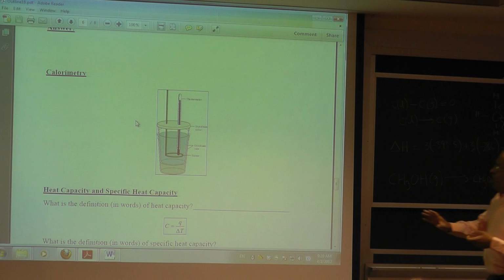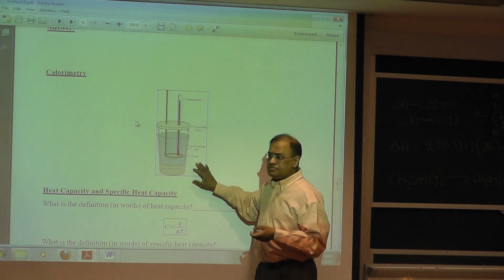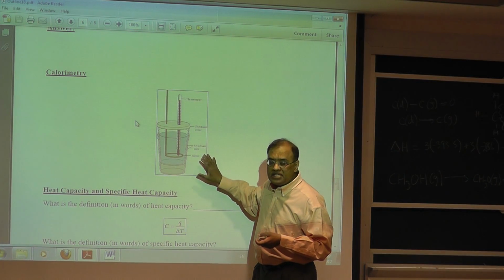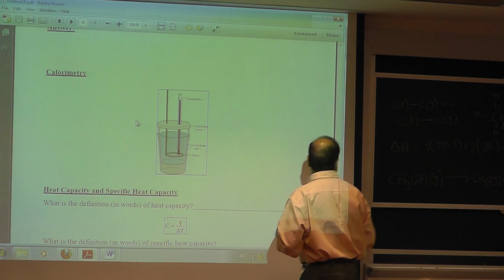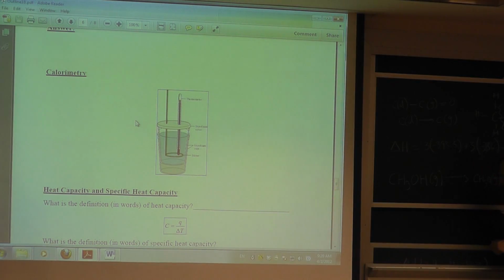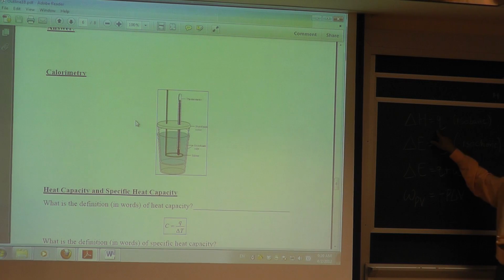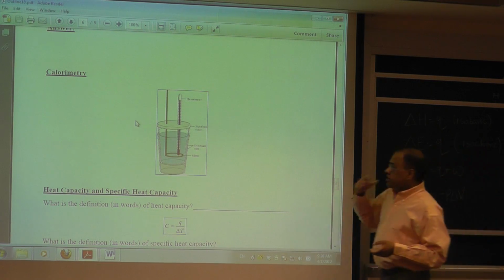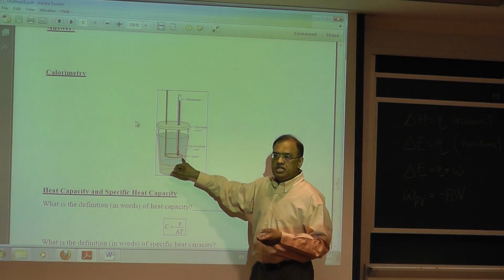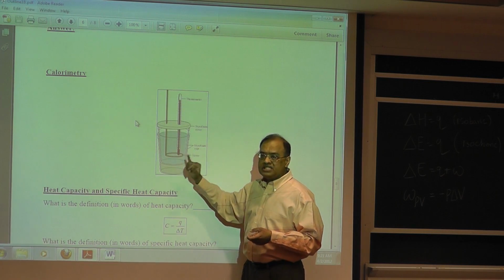So this is a coffee cup calorimeter. It's a constant pressure calorimeter. So in this case, the equation that we are interested in is delta H is equal to Q. If you measure the heat, you measure the enthalpy change because it's an isobaric process. You have a stirrer to ensure that the water is mixed very well.